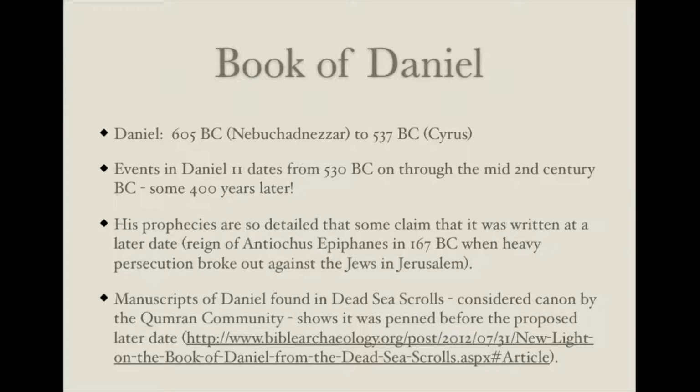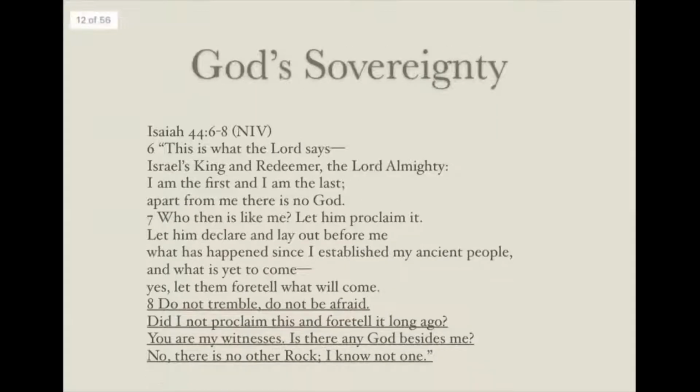In that sense, the point that I want to bring out is sort of God's sovereignty, right? In Isaiah 44, I'll just read verse 8. It says, "Do not tremble, do not be afraid. Did I not proclaim this and foretell it long ago? You are my witnesses. Is there any God besides me? No, there is no other rock.